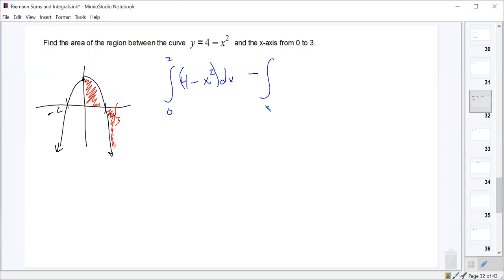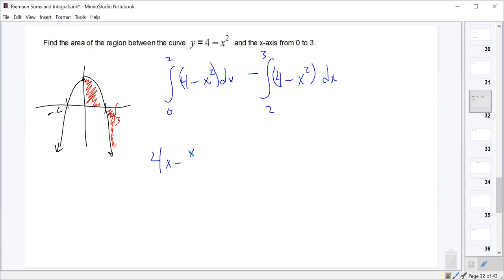So we're going to subtract the integral from 2 to 3 of 4 minus x squared dx. Because the section below the x-axis is going to be negative. Make sense or no? Everybody good there?